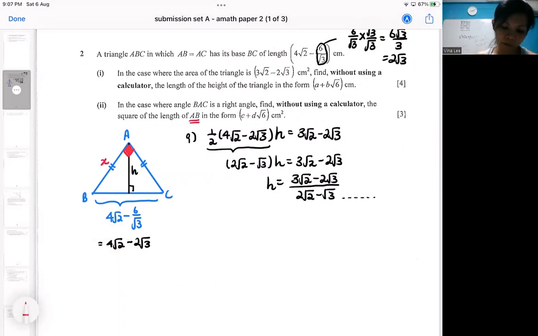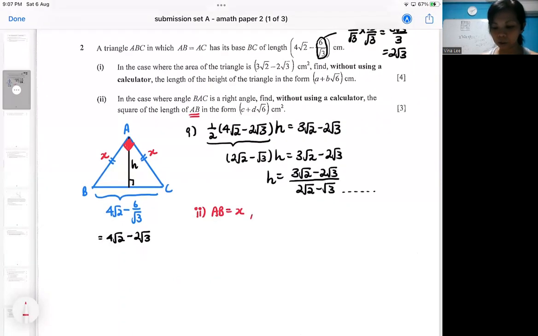If you want to, you can assign AB as x, and because there is a 90 degree angle, you just use your Pythagoras theorem. So you get x squared plus x squared equal to the 4 root 2 minus 2 root 3, squared.